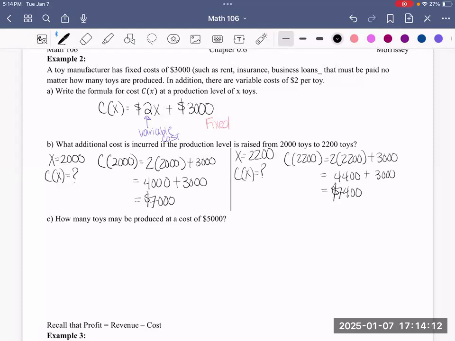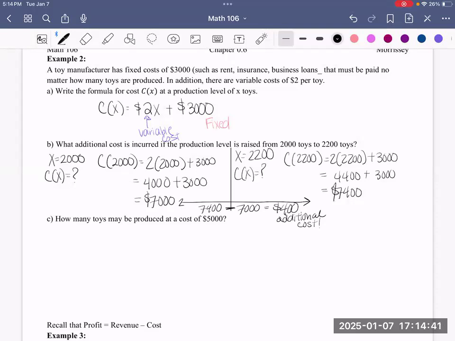How much did the cost grow by? Well, the difference between the two, 7,400 minus 7,000, is just an additional cost of $400. So by raising production by 200 toys, it's going to cost us $400.